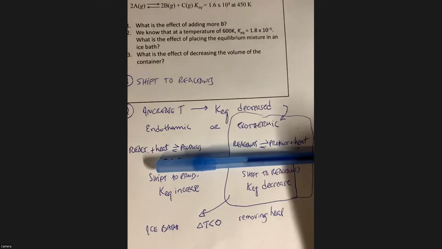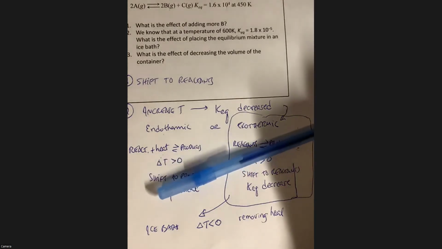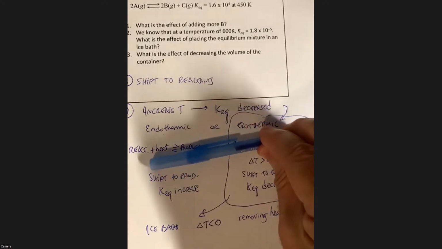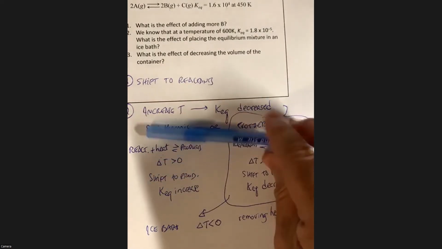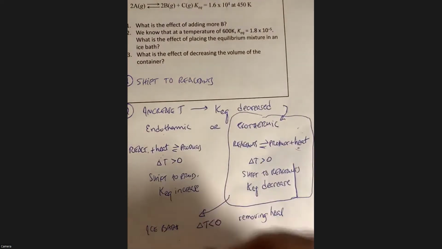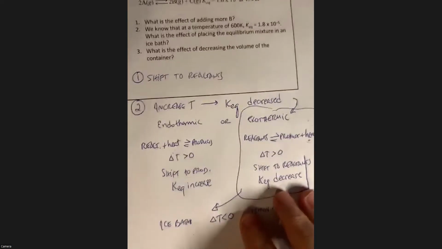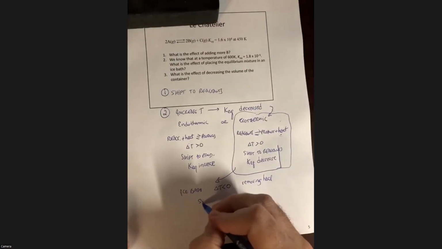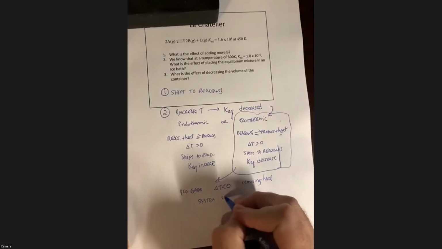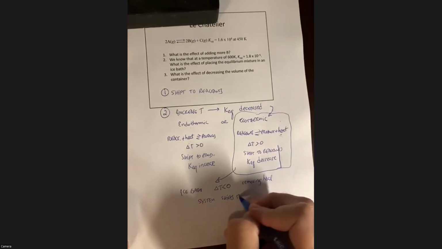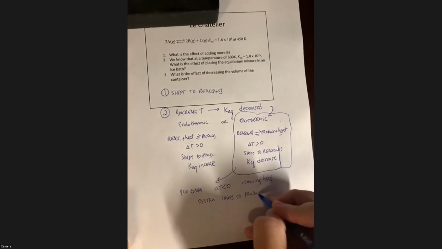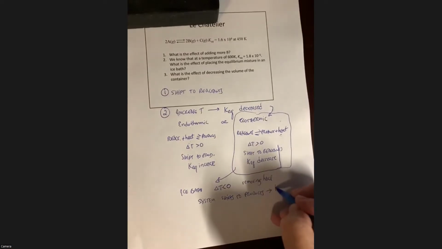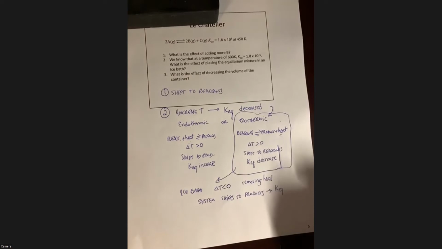That means that the side where heat is, is getting lighter. So I need to compensate by going in that direction, right? So the system shifts to products, but that means that the value of the equilibrium constant is going to have to do what?